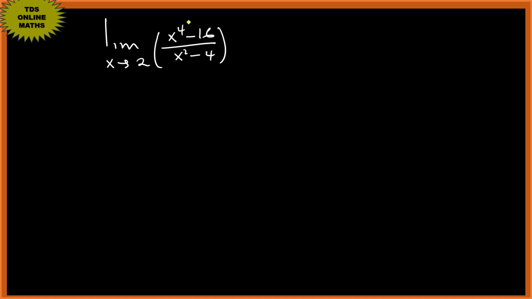Okay, so let's change the numerator to a difference of 2 squares. So we can write x to the power 4 as x squared squared, because going back, 2 times 2 is 4. So minus 4 squared, which is also 16, over x squared minus 4.